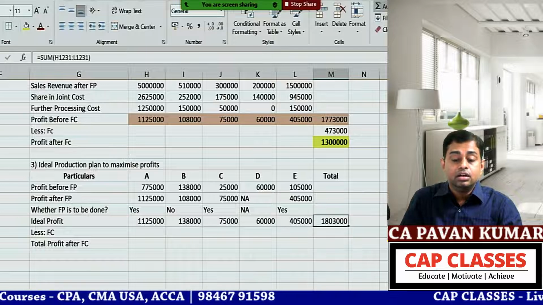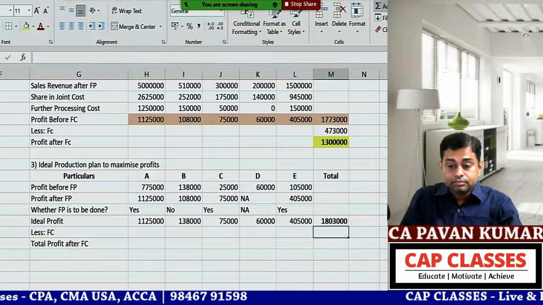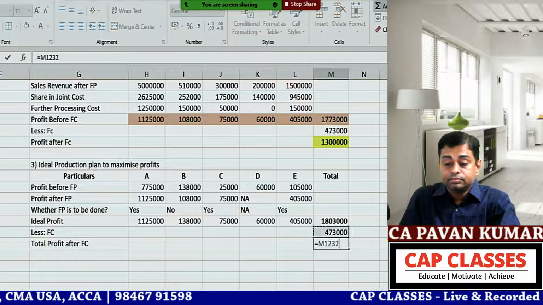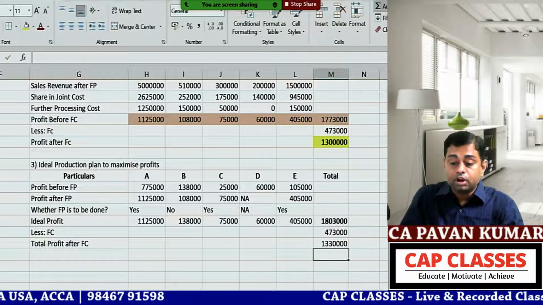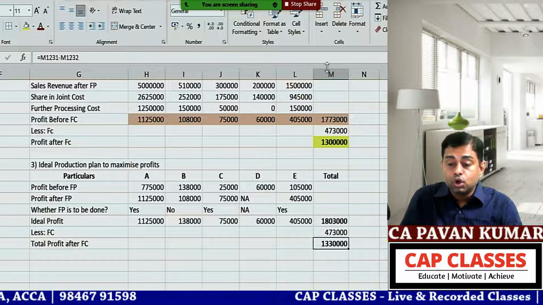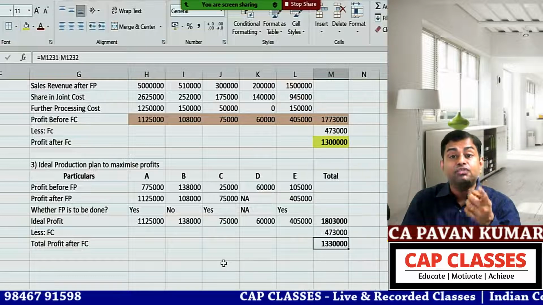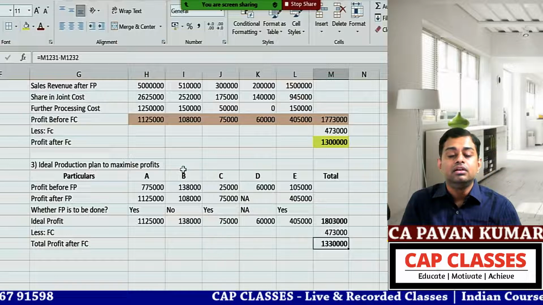Total? 18,03,000. Correct. So what is fixed cost? 4,73,000. So what is total profit? 13,30,000. Previously it was 13 lakhs. Now it has become 13,30,000 because we are not processing B further.